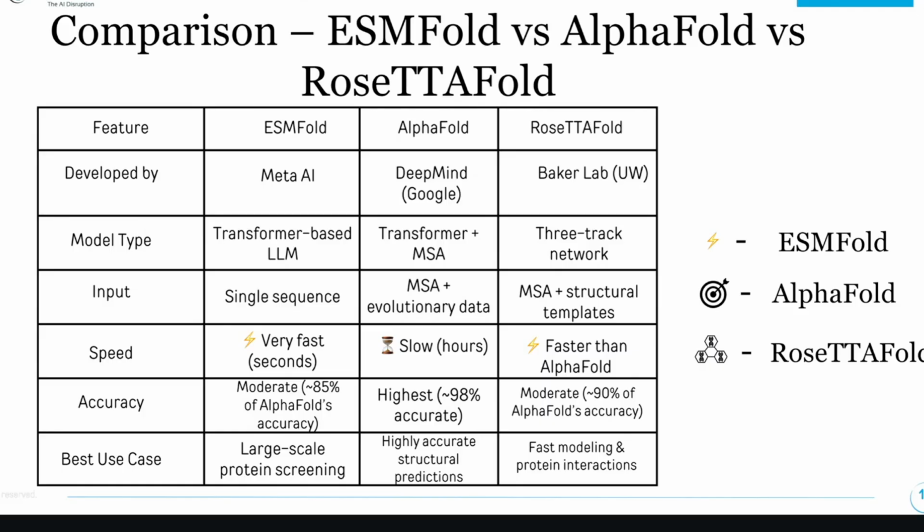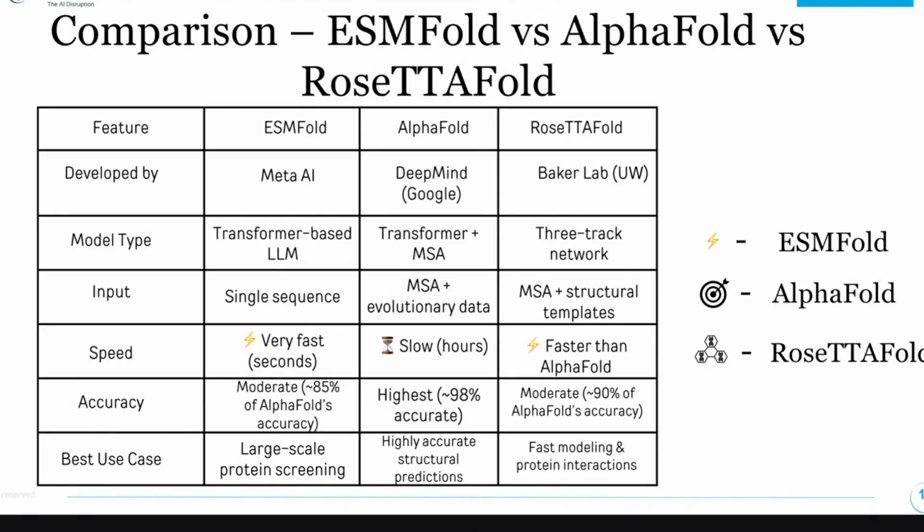By three-track, it means that it integrates sequence, structure, and evolutionary data. So it traces back to the evolutionary patterns of that particular protein sequence, and it's not just used for structure prediction, but it also traces the ancestors of a certain protein.